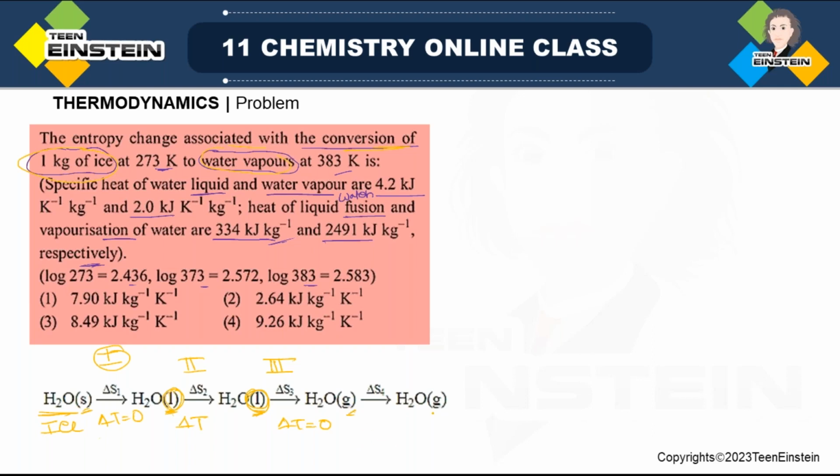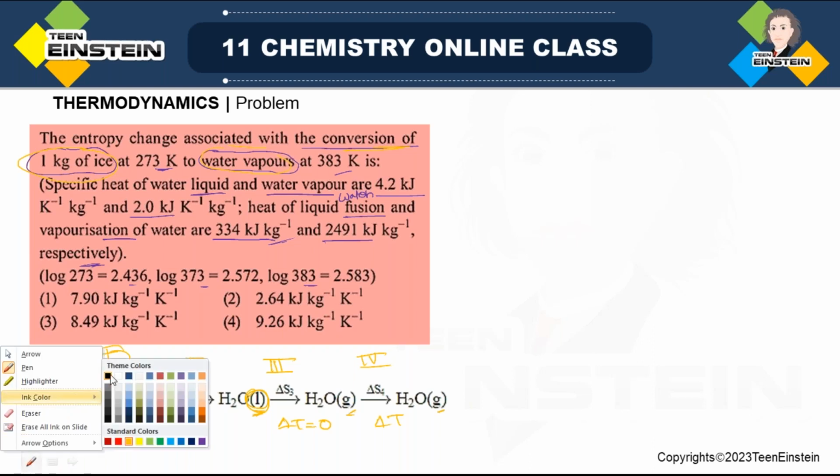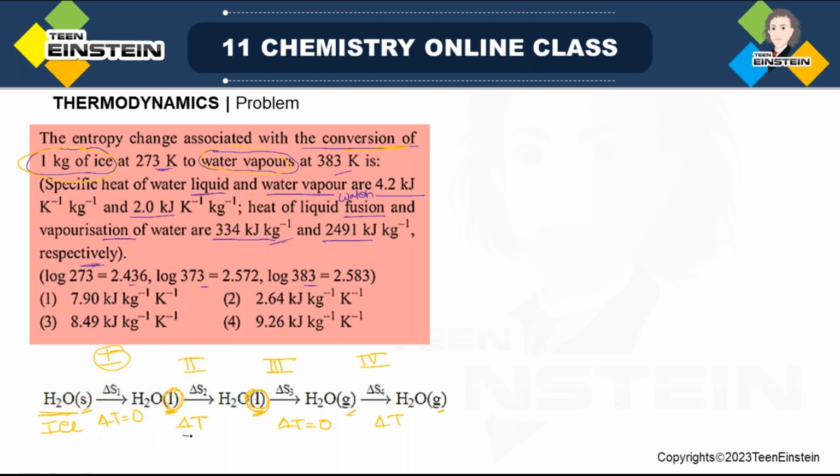And finally from gas to gas, that means in the fourth step some temperature change is involved. So total 4 steps are there. One by one we will calculate the entropies. But first we have to understand when there is a change in temperature involved and when there is no temperature change involved, two different expressions for change in entropy you have to consider.